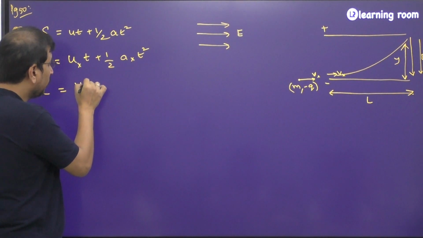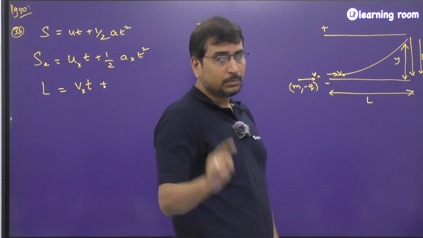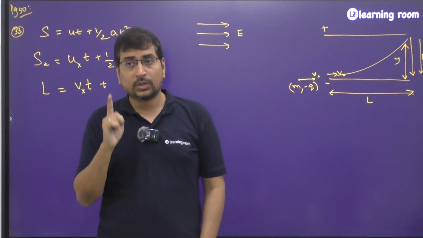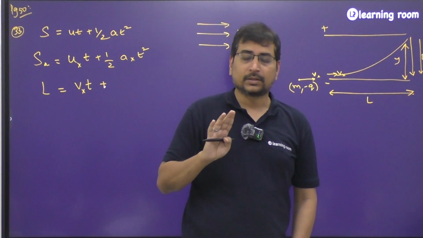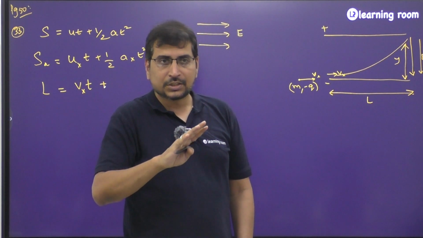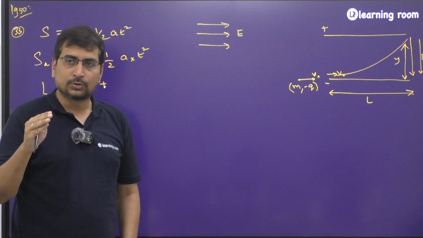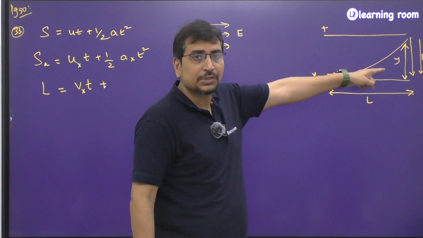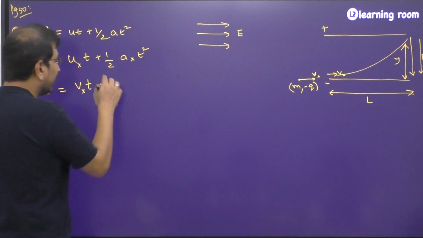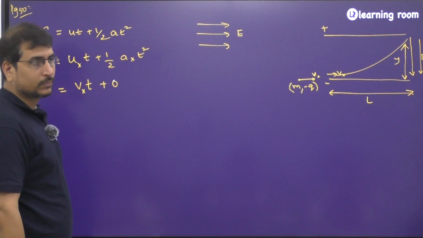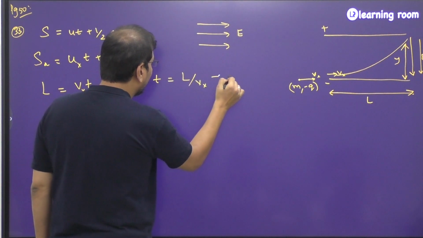Vx into t plus, in this scenario, remember the particle will experience force only in the direction of electric field or in the direction opposite to electric field, right? In all other directions, the force experienced is going to be 0. When force is 0, acceleration is also 0. So electric field is confined to which direction? X direction or y direction? Y direction. So the acceleration along x direction is going to be 0, right? So from this, can I say t is equal to L divided by Vx? Let me call this 1.